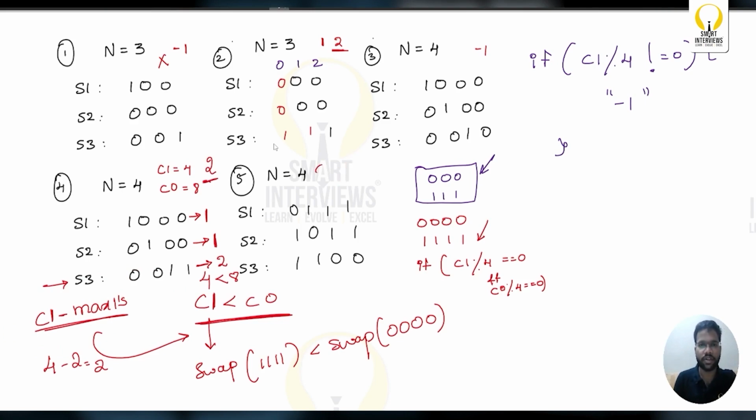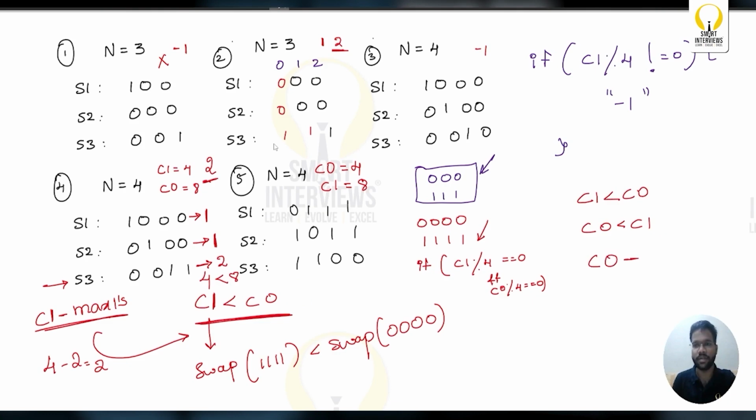Now, here the value of C0 is 4, the value of C1 is 8. We need the minimum number of operations. First I'll check whether these values are divisible by 4 or not. Yes, these are divisible by 4. So I'll be focusing on this condition next. Is C1 less than C0? No, but C0 is less than C1. So what will be my minimum value?